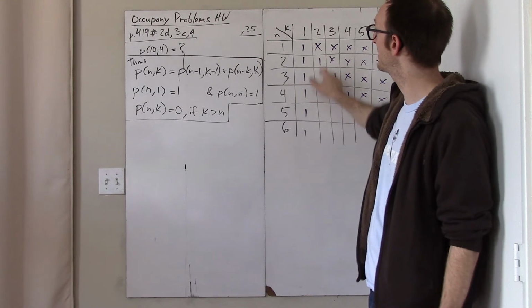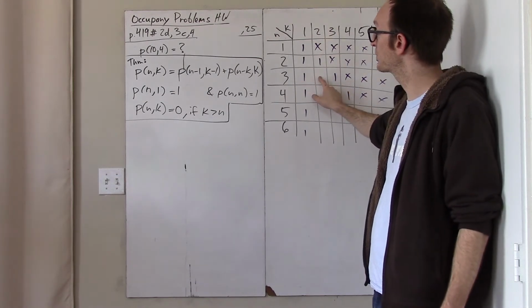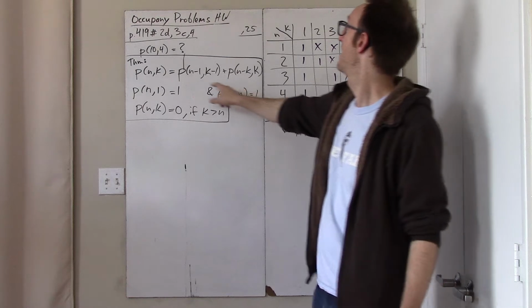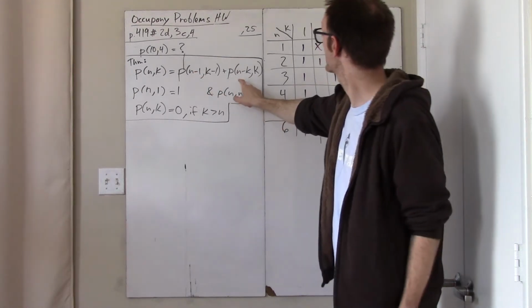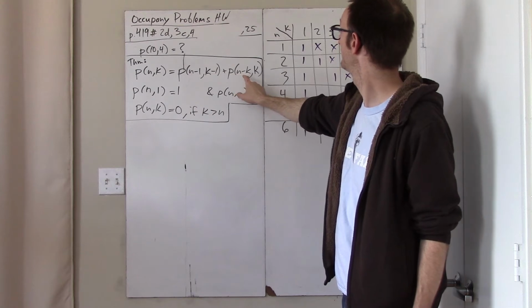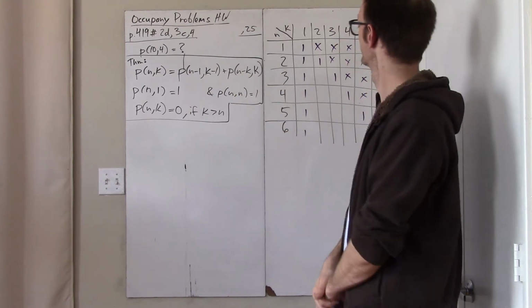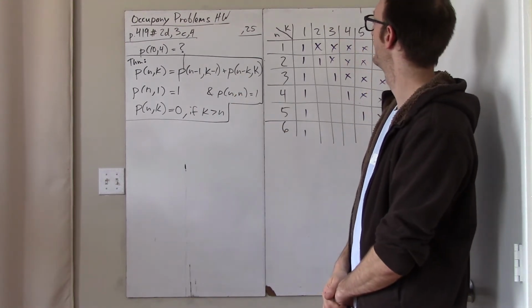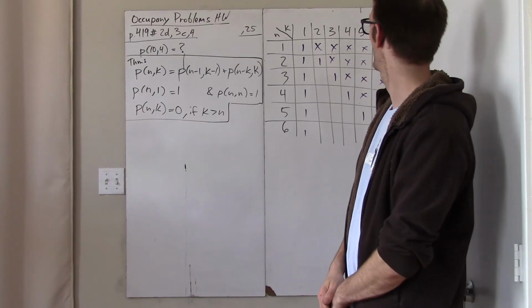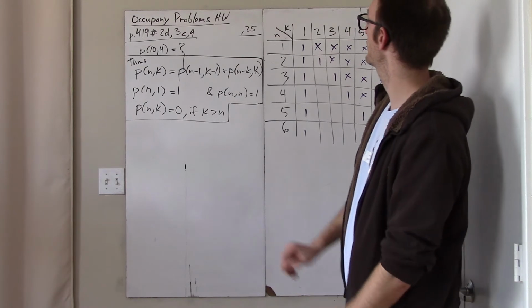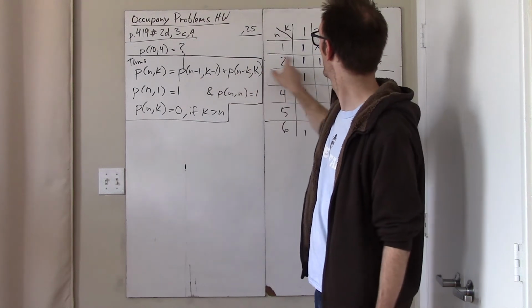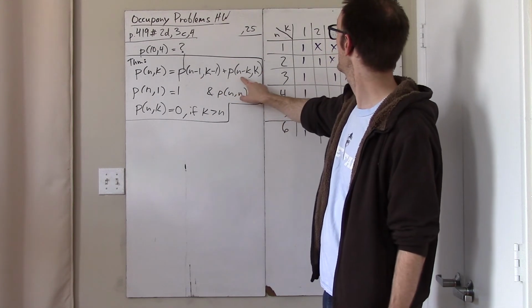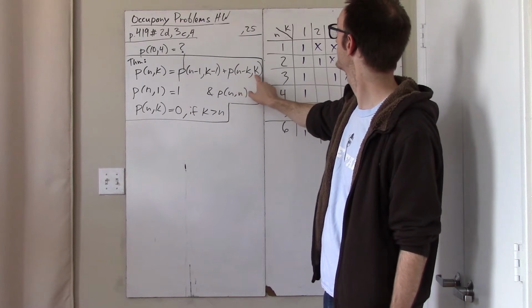P32. Well, what is P32? P32 is P21, which is just 1, plus P12. This is going to be terrible, I think. What did I just say? P32 is P21. Yeah, that's right. Which is 1 plus P12.